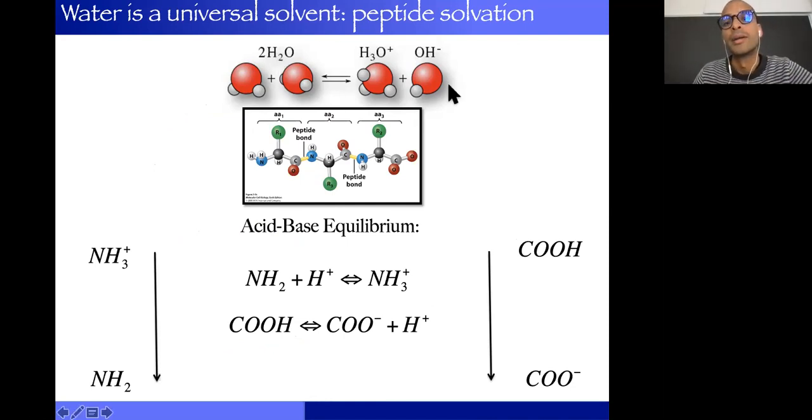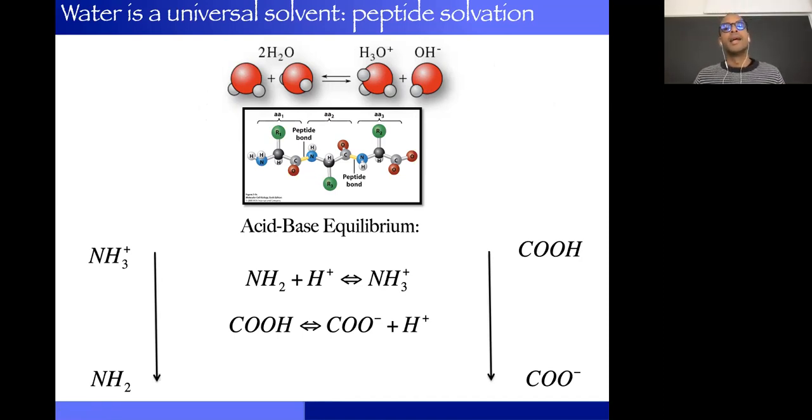So water dissociates. It dissociates to form a proton and a hydroxide ion by this equilibrium. And this dynamic equilibrium is what determines pH.